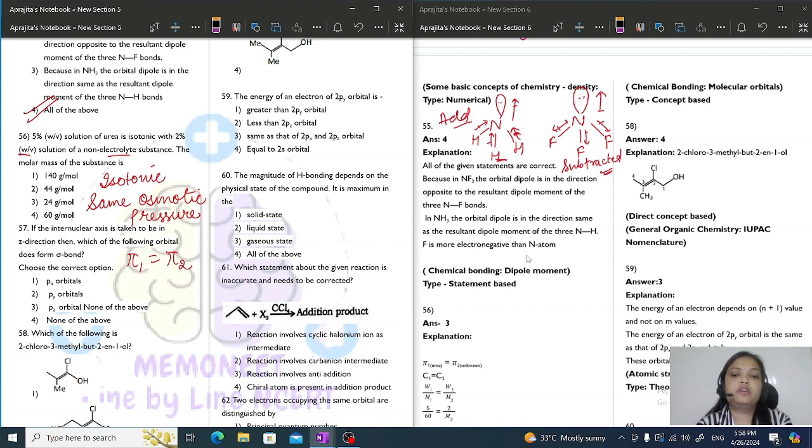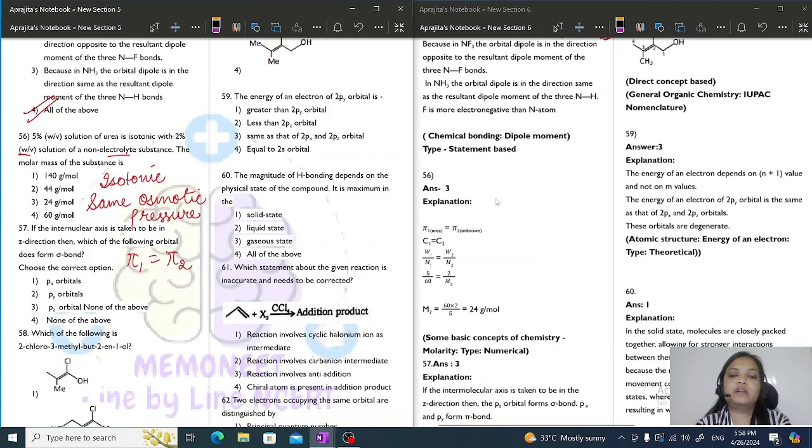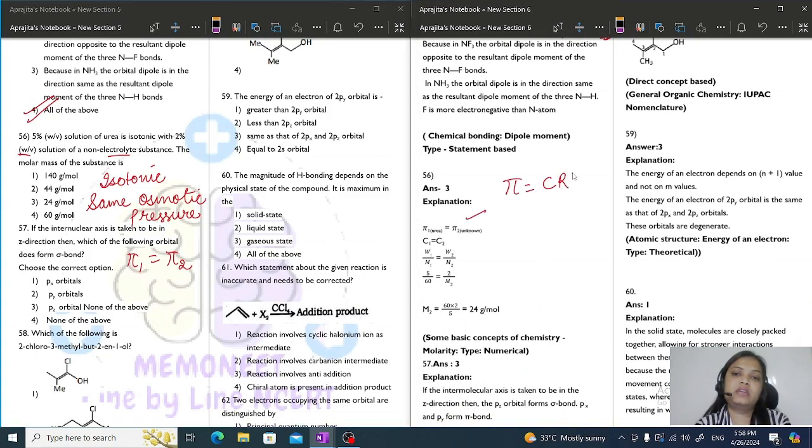For the first one it's urea, and the second one is unknown. So pi is equal to CRT, where C is the concentration.